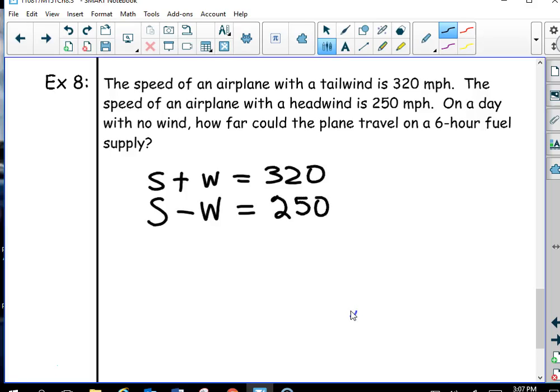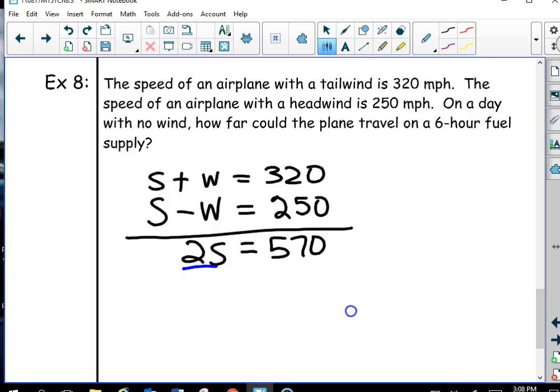So you've got these two equations. Easiest thing to do with them is to just eliminate the W's by combining them, and then solve for S. So it gives the airplane speed as half of 570, which looks like 285 miles an hour.